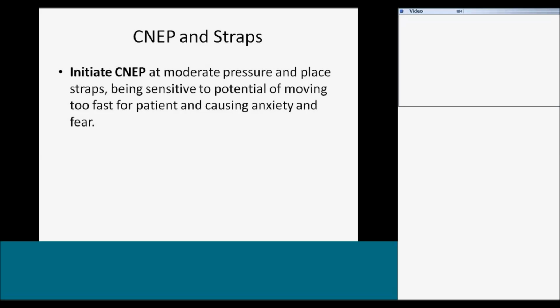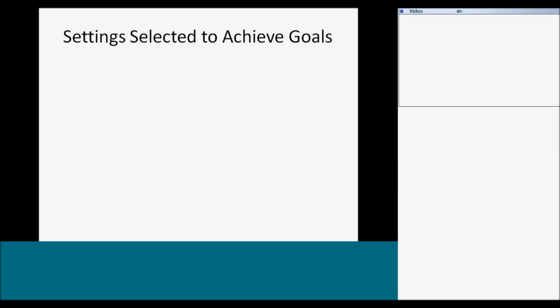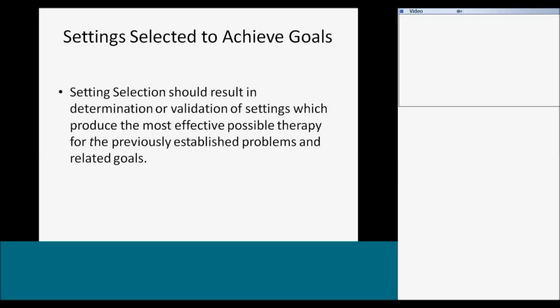Move nice and slowly through the process, and tell the patient every step in advance. Your settings are selected for specific goals. So as you move into setting selection, your settings should result in determining or validating the settings which produce the most effective possible therapy for the problems and goals that we've established.